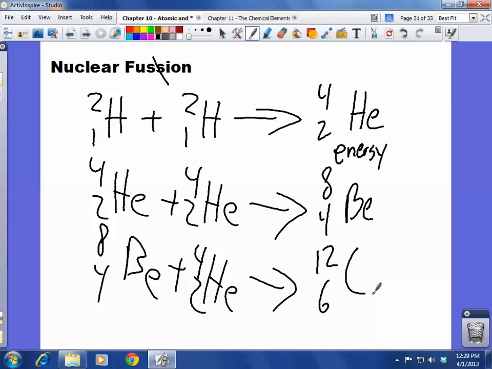So really, no matter what we're talking about, whether it's natural radioactivity, fission, or fusion, the same rules apply when we're looking at those reactions. We still have to have the same mass number on the left as we do on the right. No matter what it is.